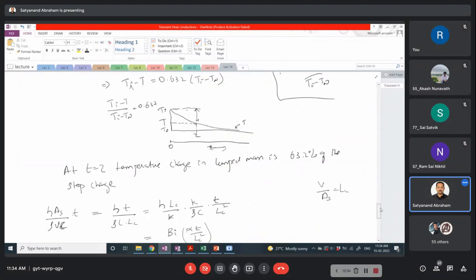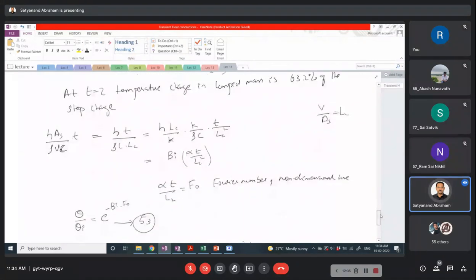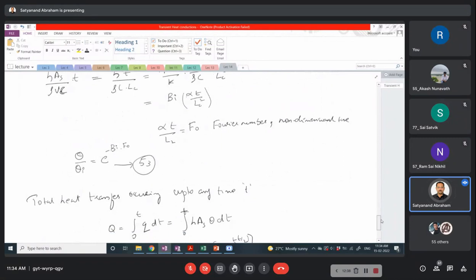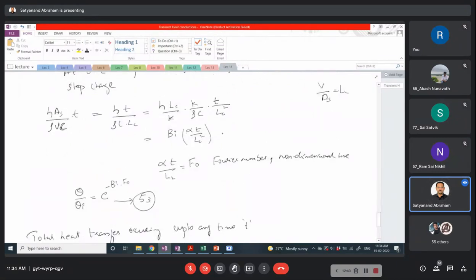Then we wrote these terms in terms of the Fourier number as well as the Biot number, where the Fourier number we can write as alpha t by Lc squared, where Lc is the characteristic length, and the Biot number is h Lc divided by k.